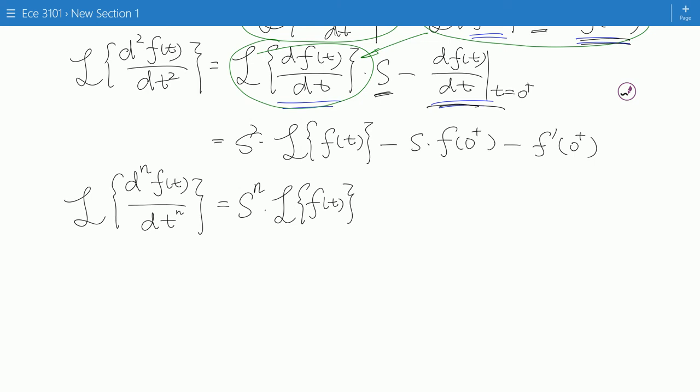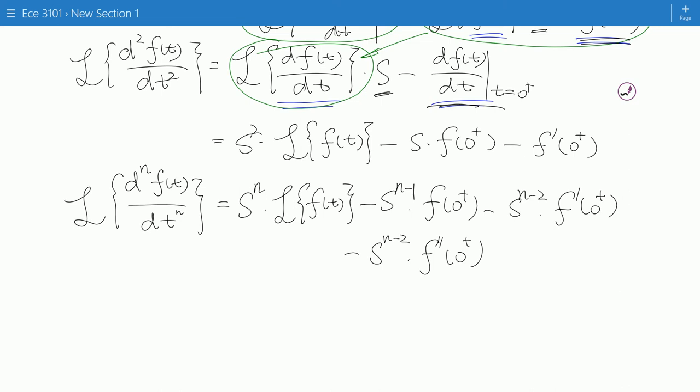Of course, minus s to the n minus 1 times f evaluated at 0, and then the first derivative evaluated at 0, the second derivative evaluated at 0, so I have double prime here, and so on and so forth, up to the derivative evaluated at time 0. So we'll take the derivative n minus 1 times.